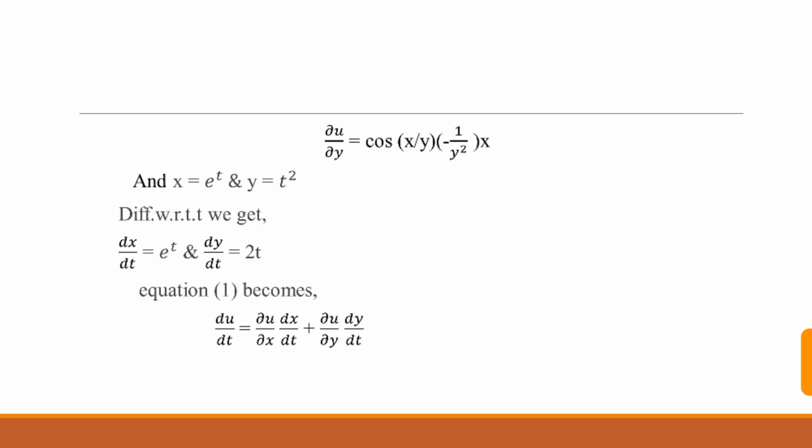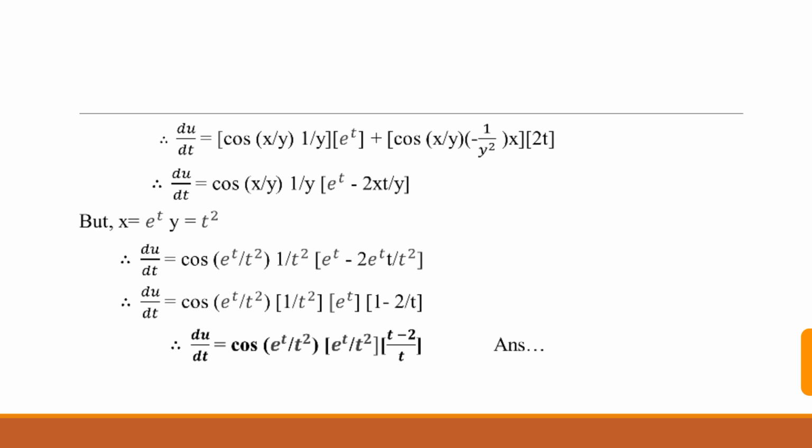Put the values of del u by del x, dx by dt, del u by del y and dy by dt in this chain rule. And therefore, du by dt is equal to cos of x upon y into 1 upon y into e raised to t, plus cos of x upon y into minus 1 upon y square into x into 2t.